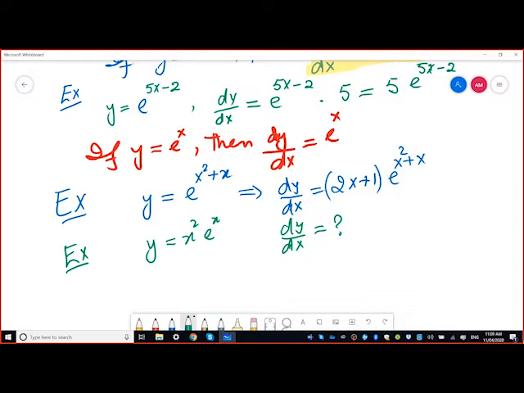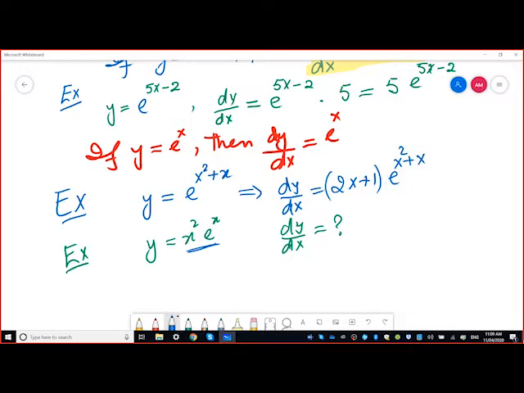The question was what formula we should apply first. The formula would be e to the power of f(x) times f bar of x. But this is something different.